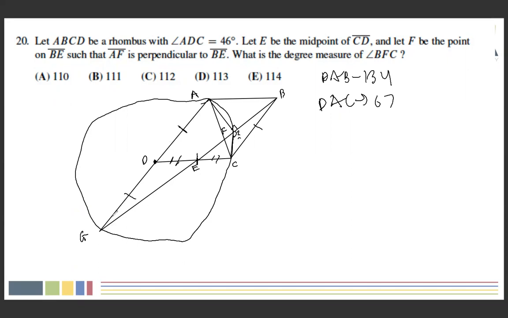What that means is that the arc GC is twice that, which is 134 again. Then we use the arc theorem to find angle GFC. We take half again, and we get 67. Now we're very close, because GFC is 180 minus the angle we're looking for. So our answer is 180 minus 67, which is equal to 113. Choice D.